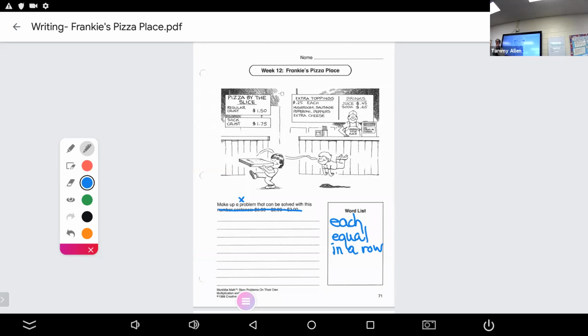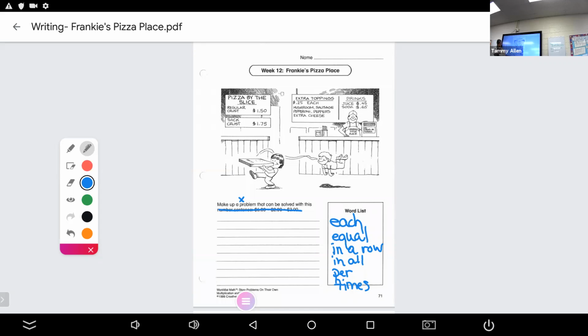What else is multiplication? Just the word times. 5 times, blah, blah, blah. Remember that?